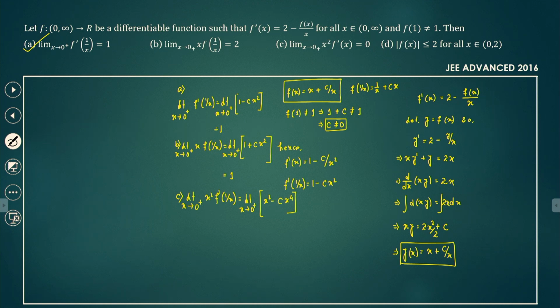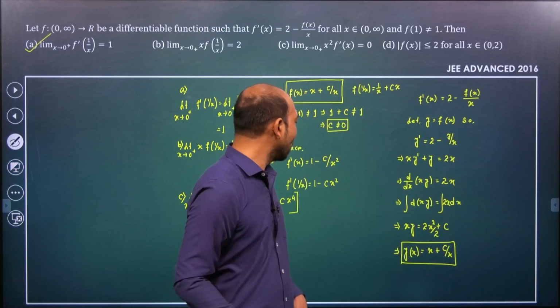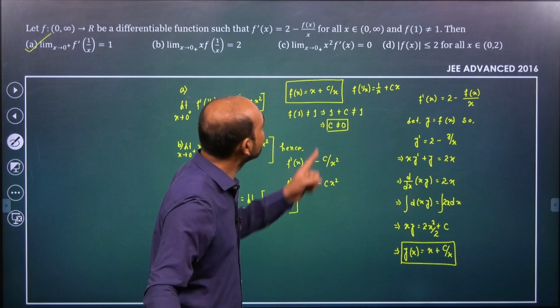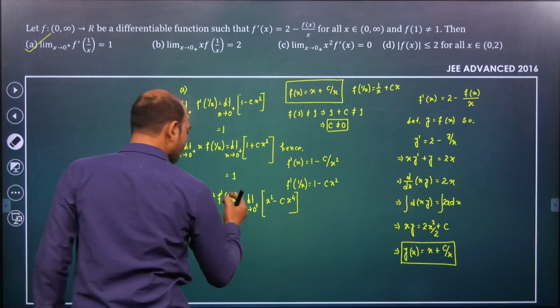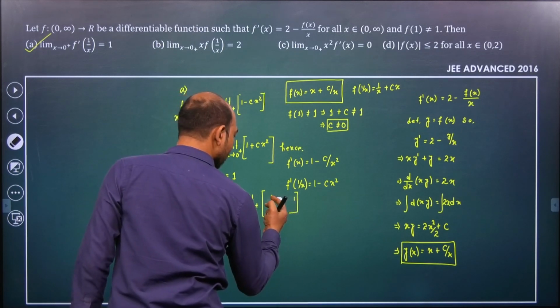Because we calculated x square into f dash x, right? Sorry, it's f dash of 1 by x. I wrote it wrongly. Pardon me for that.